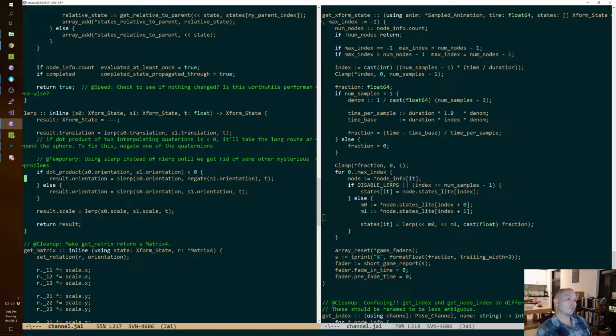Now, I suspect float precision should be totally fine for all of these interpolations.